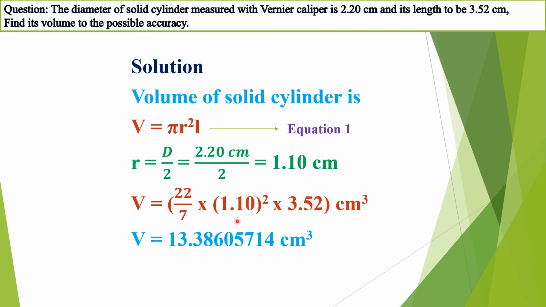Here both terms have three significant figures. In 1.10 we have three significant figures. In length 3.52 we have three significant figures. So the answer should be rounded off to three significant figures, and we get 13.4 centimeter cube after rounding off the value.